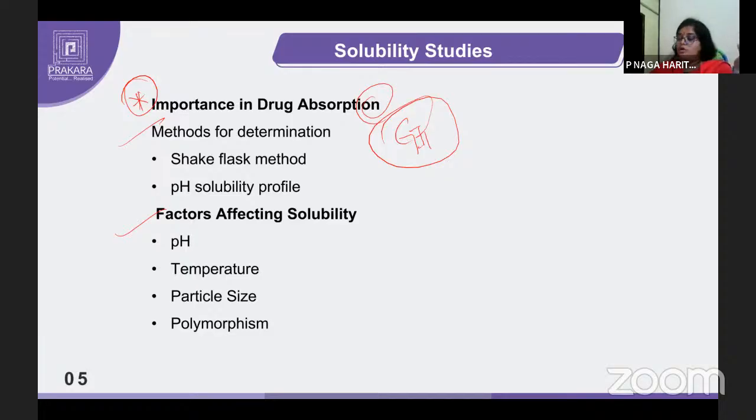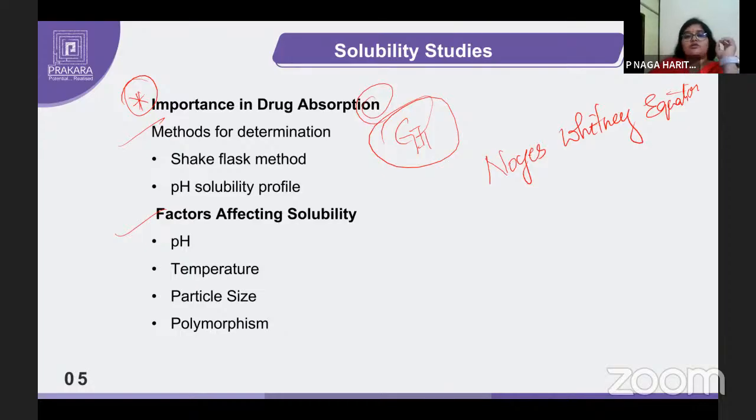According to the Noyes-Whitney equation, the dissolution rate of a drug is proportional to its solubility. For oral drugs, higher solubility especially ensures better absorption into the systemic circulation.